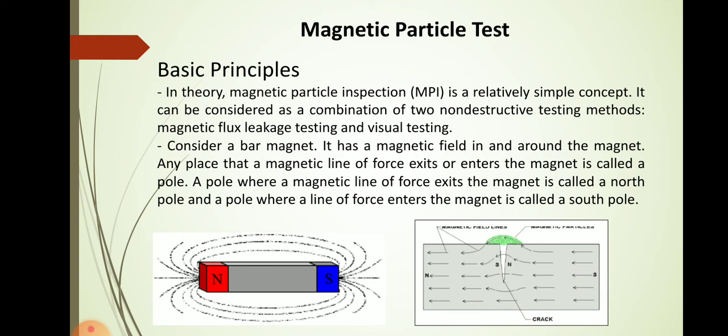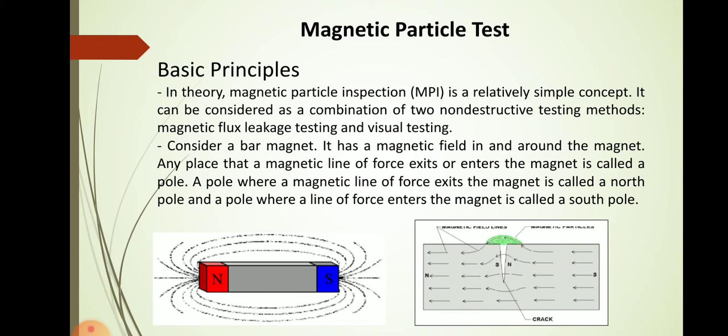So similar to the bar of magnet, it has a magnetic field inside it, and around the magnet any place that a magnetic field of force exits or enters the magnet is called a pole. So generally that magnet has two poles, north pole and south pole.